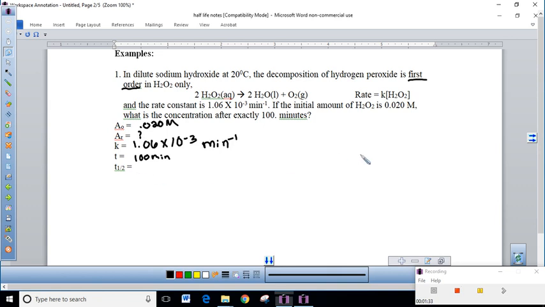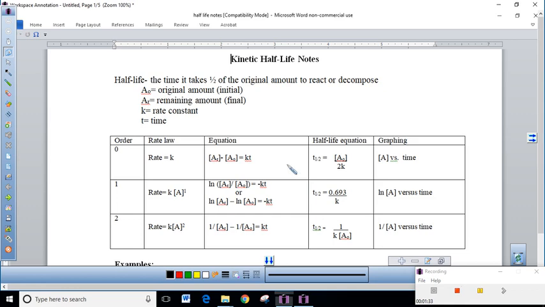Let's look at our equations. We would want to use first order, so you want to be in here. You're going to want to use the formula that has the remaining amount and original amount. Some of you have learned in math that this and this are the same equation.